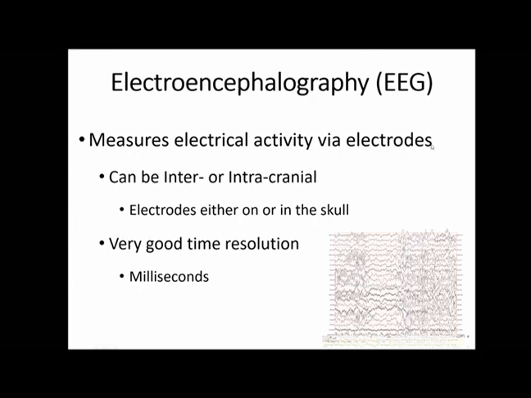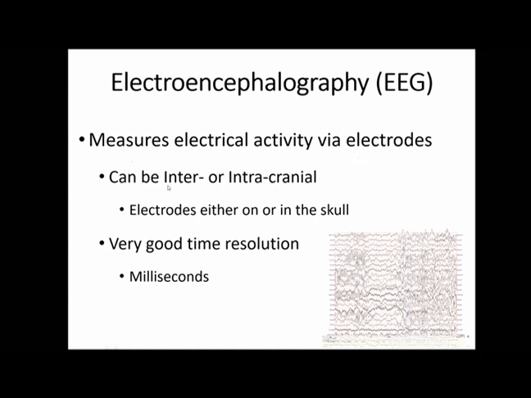As we've talked about with our neurons, we know that neuronal firing involves a change in the electrical current. So we're seeing a difference in charge across those cell membranes. And these electrodes pick up on any changes in electrical charge underneath the part of the scalp that the electrode is on.